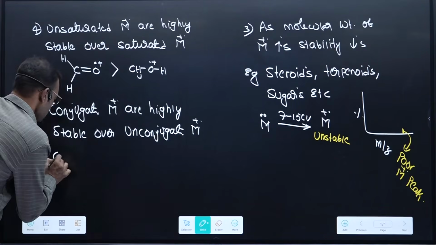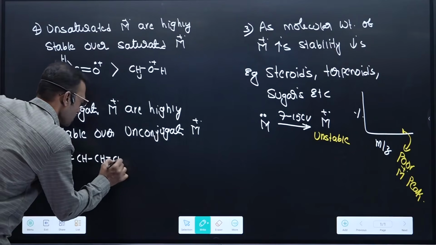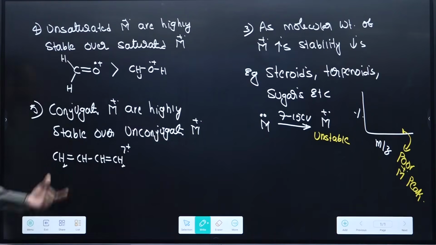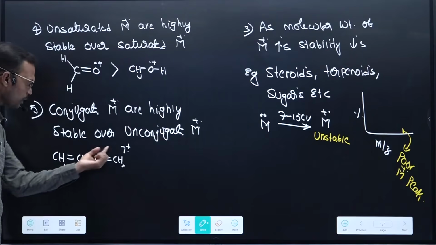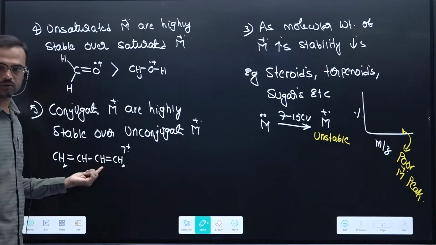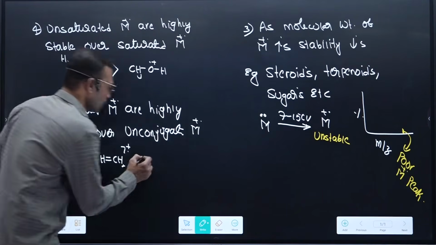Suppose I take carbon-carbon double bonds. See, here how many double bonds are present? Two double bonds. Are these two double bonds under conjugation? Yes. When a sigma bond and a pi bond are both present, from which should I remove the electron? From the pi bond. So here conjugation is there.